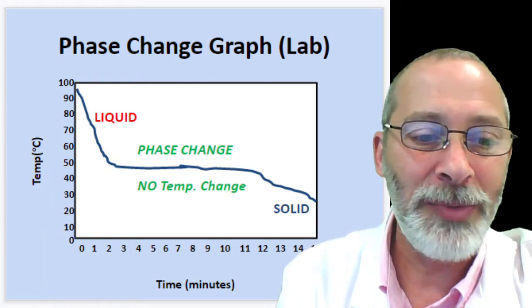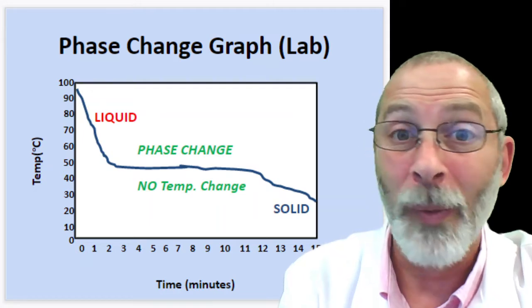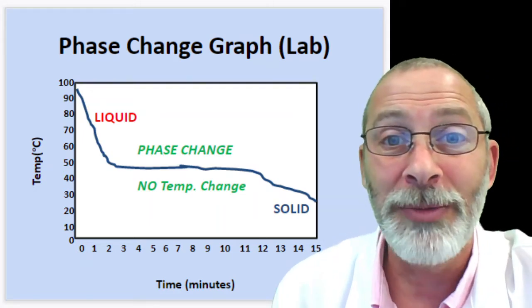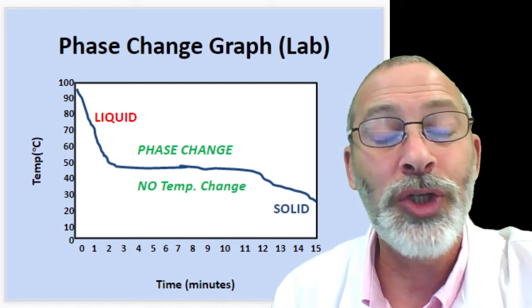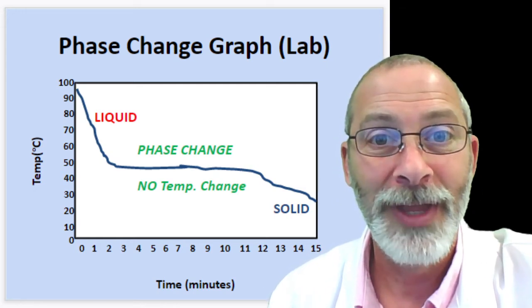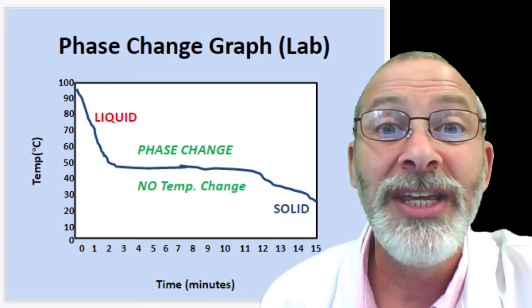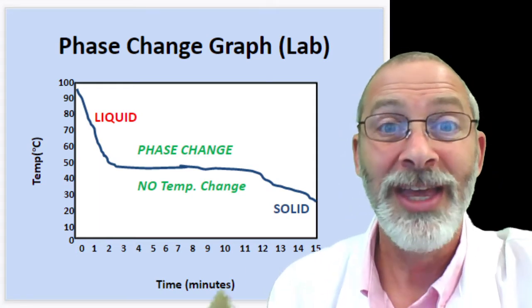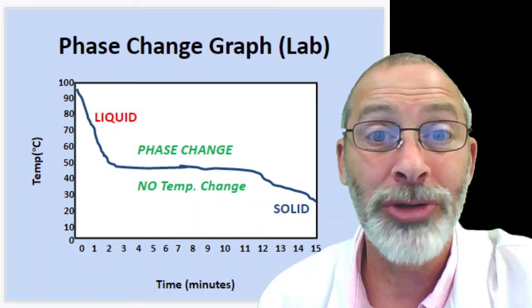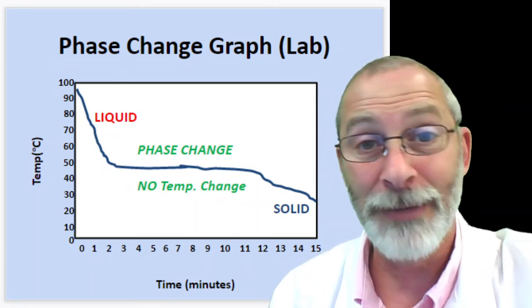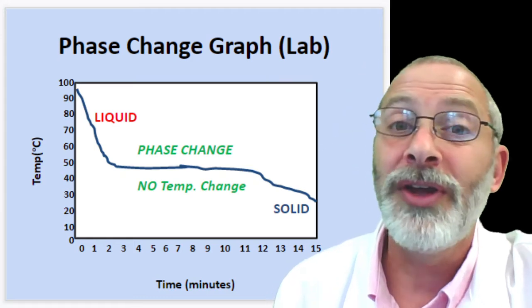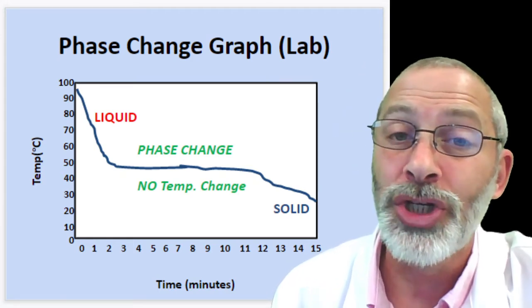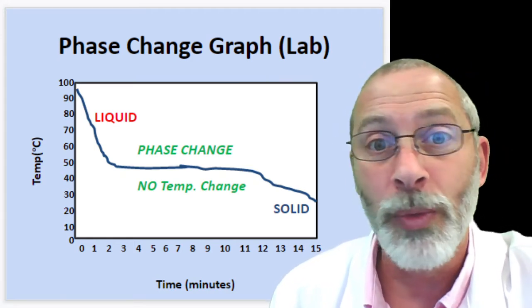When a substance like water or wax or whatever the substance might be changes from one phase to another, there's no change in temperature. Think about that. It might be contrary to your hypothesis. It might be contrary to what you think is your logic, but there is no temperature change. And my question to you would be, why?